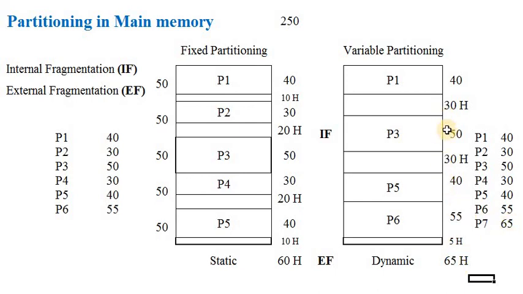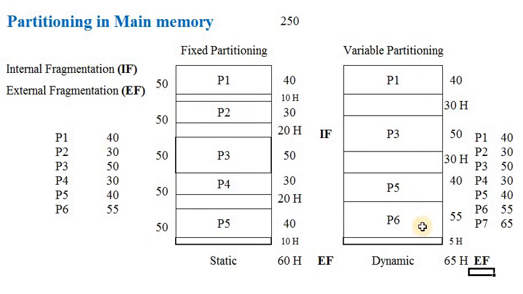But here the problem is external fragmentation. The size of the process can satisfy the total size of all holes, but we cannot accommodate that process into the main memory, because 30 is a hole available somewhere in the main memory, and another hole of 30 is also available somewhere else.